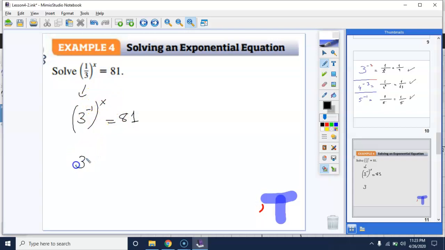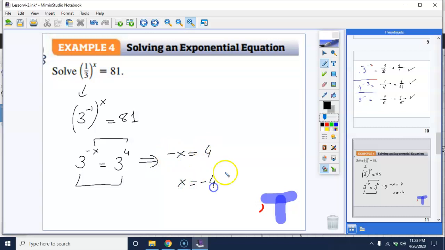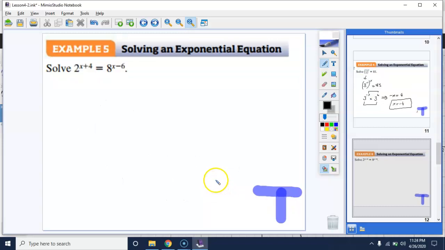So it should be 3 to the negative x power equals... But again, as I mentioned earlier, we should have the same bases to work with them. 81 means 3 to the fourth power. I'm so glad to see that we got the same bases, which means the same exponents. So negative x equals 4, so x should be equal to negative 4, which is my final answer. That's how we solve it.